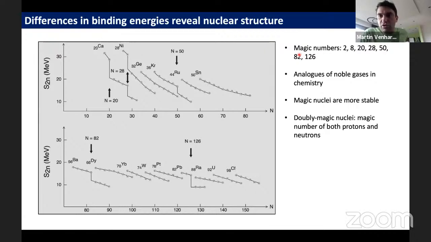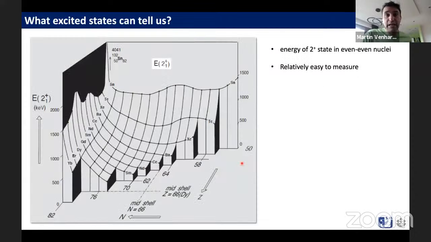And these are so-called magic numbers, and these are analogs with the noble gases in chemistry, and the magic nuclei have increased stability, and even the doubly magic nuclei have both protons and neutrons closed shell.